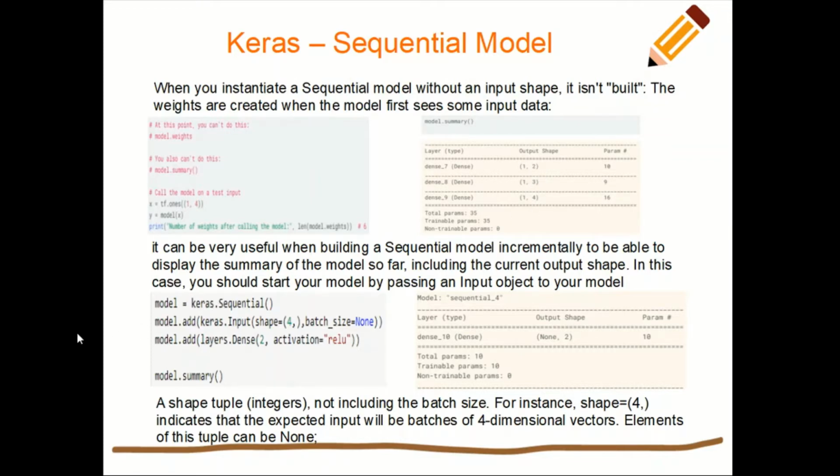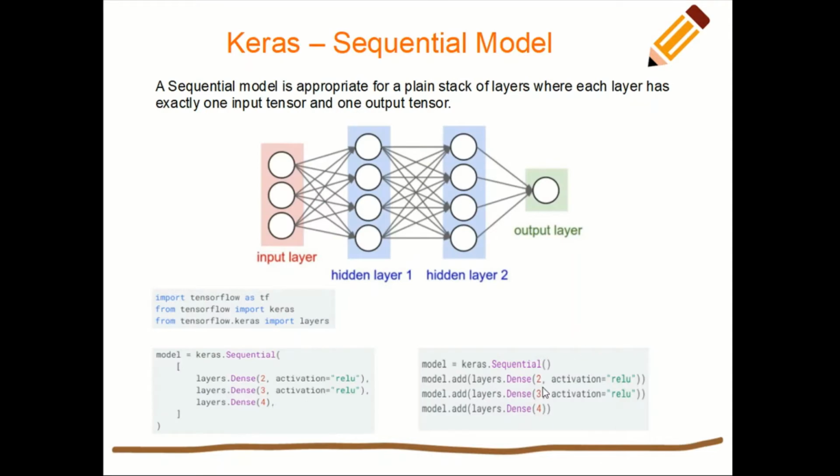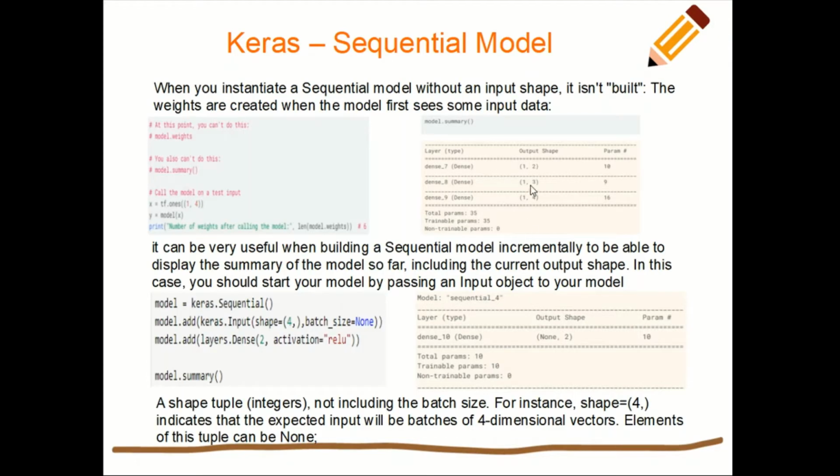As you can see, in this particular case we had 2 outputs here, 3 outputs here, 4 outputs here, and that is what we see here: 2, 3 and 4. And what if we wanted to get a model summary, but we didn't know the input shape in advance?